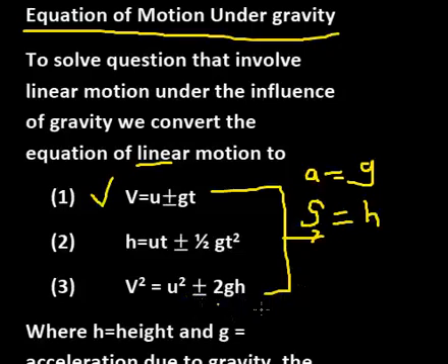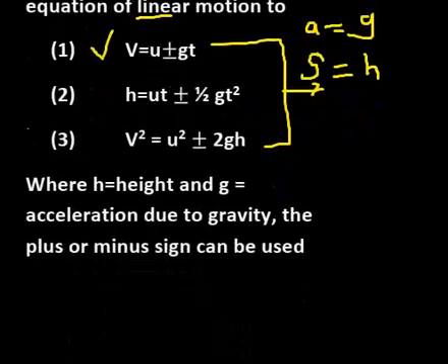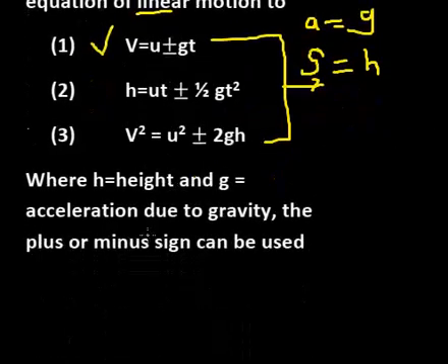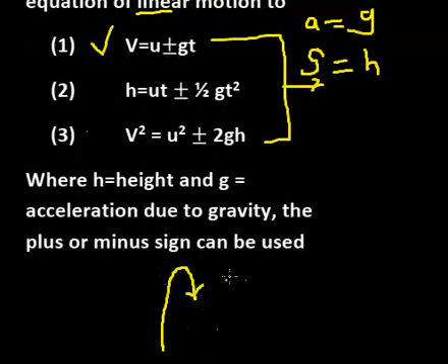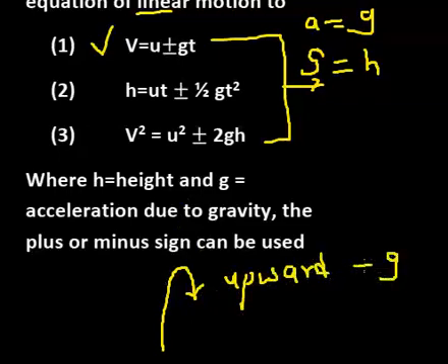But why the plus or minus? The reason why we have the plus or minus sign is that anytime an object is going upward, it is going against gravity. Gravity is downward. So if that is upward projection, we use minus. So for upward, G is negative, so minus will take precedence.